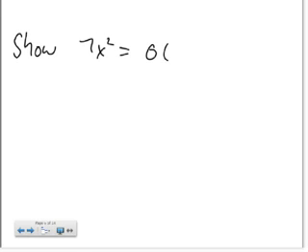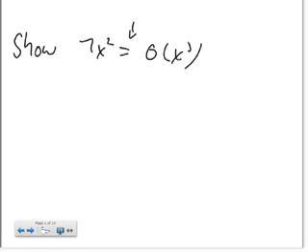So let's show an example of this. Suppose you want to show that 7x squared is O of x cubed. First, one note, the equal sign here doesn't actually mean equals, it's just a representation of the inequality.